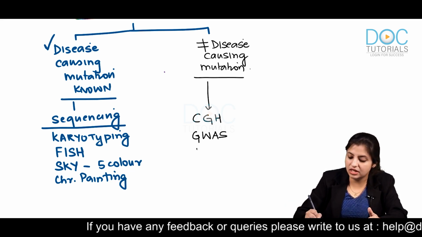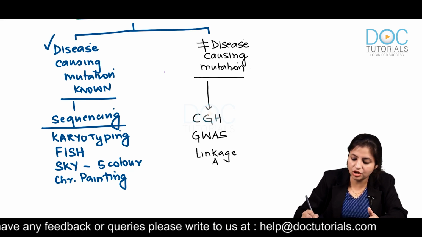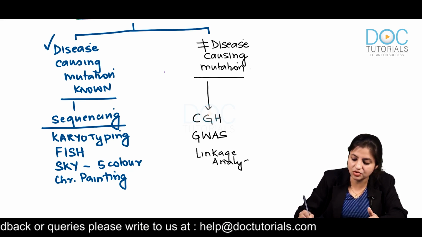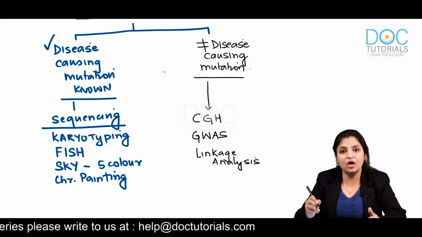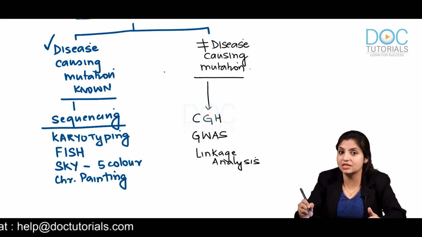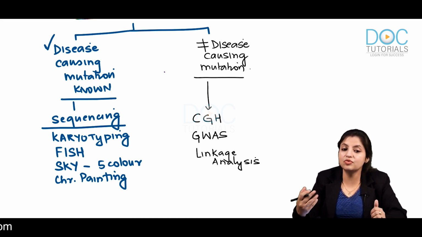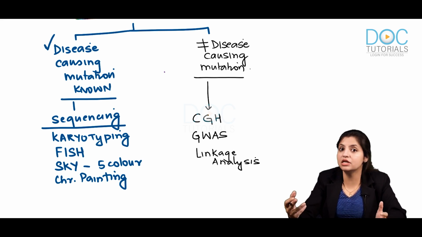And third, which I have already taught you in multifactorial disorders, is called linkage analysis. I hope you remember and you're very clear with linkage disequilibrium, and you remember my example also. Linkage analysis is when you follow those linkage tools.